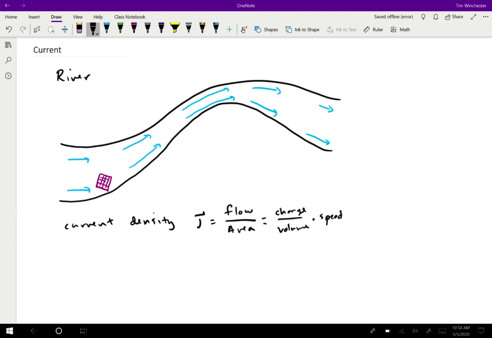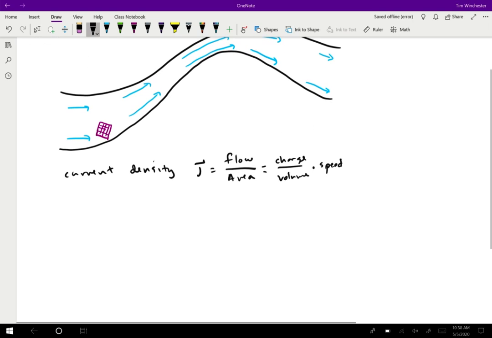Okay, so for the first one, the flow per area, the magnitude of the current density is going to be just the total current, which will be something like charge per second, and I'll divide that by the area. All right, so if this were not uniform, if it's a case like the river that I drew and it were varying as we went, then we might need to think about this in a slightly more complicated way.